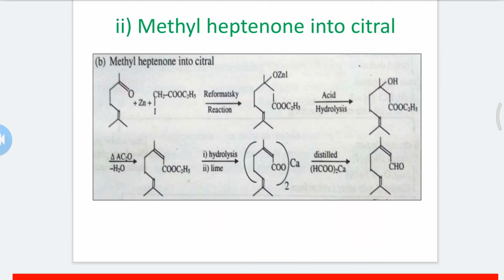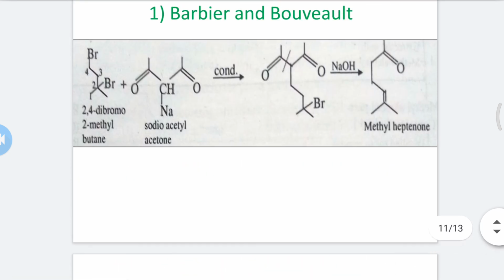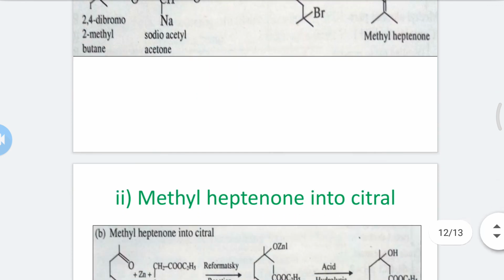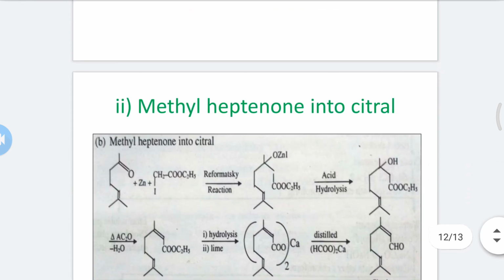Another method, conversion of methyl heptanone into citral. This methyl heptanone reacts with an alpha-iodo ester in presence of zinc, that is the Reformatsky reaction, to form a salt, and then hydrolysis gives a 2-hydroxy compound.